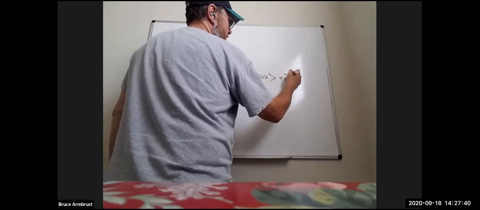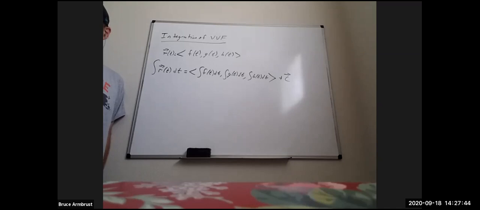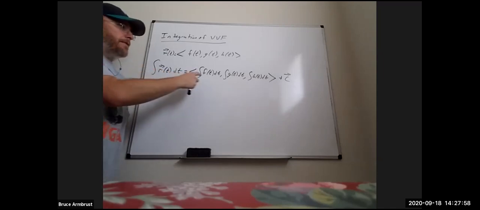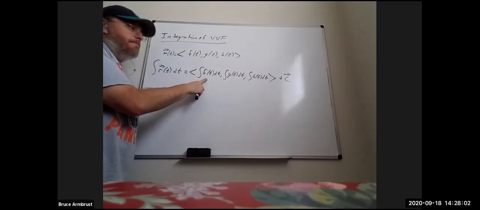But the big difference is this is a C vector. So it's an arbitrary constant vector, which means it has 3 arbitrary constants, one for each of the components x, y, and z. But you can see why those happen, right? Think about this. We're going to integrate the first function, f.